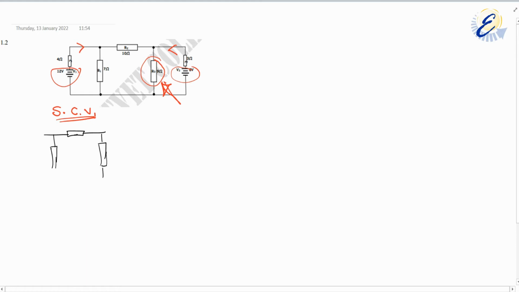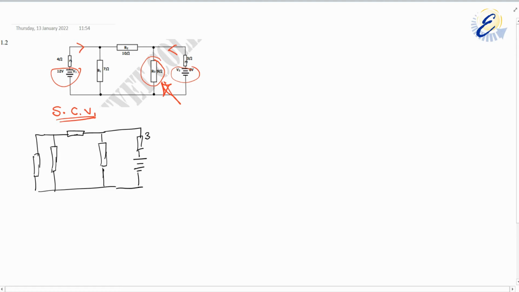We put that resistor there. There's no longer V1 there. But what is it that we have now? We only have V2, supplying in that direction.